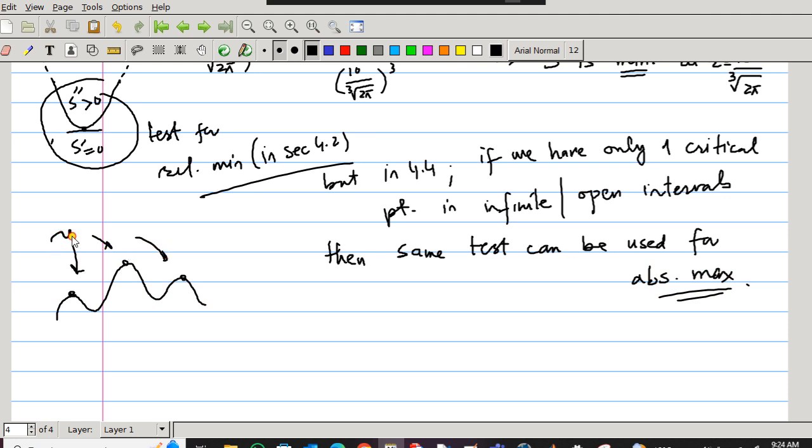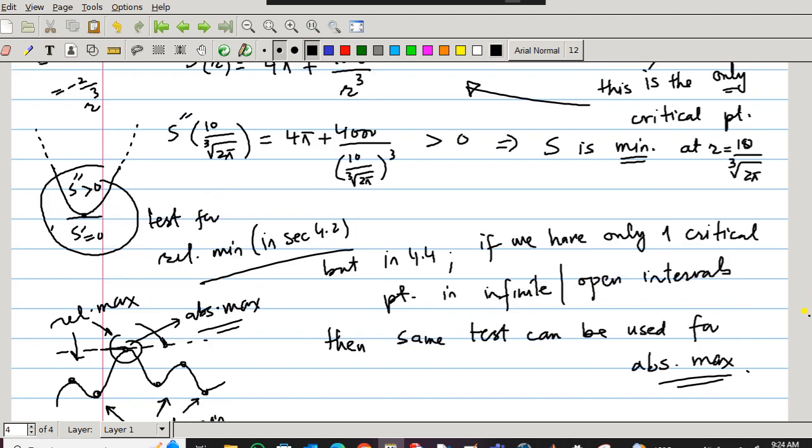These are all relative minimas. We are not looking for that. We are looking for one maximum and one minimum value. One maximum is this one, the highest one. This is the absolute maximum. So we are looking for this in 4.4 and 4.5.